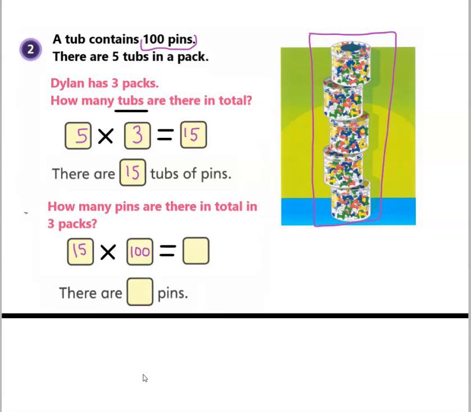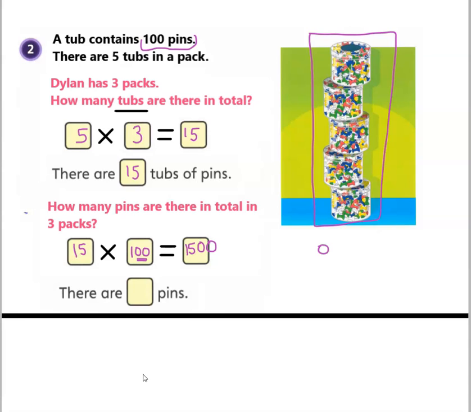Just as when we multiplied by multiples of 10, we're going to multiply by a multiple of 100. So it's 15 times 1 is 15, but we're not multiplying by 1, we're multiplying by 100. So we have to place a 0 in the 1's place value and a 0 in the 10's place value. So the answer is 1500.